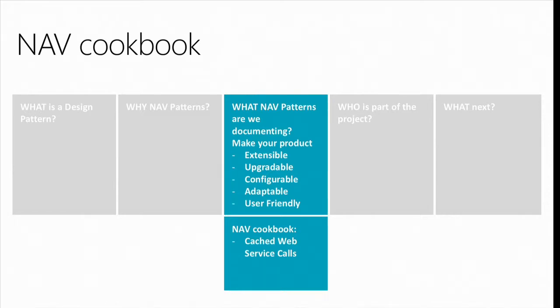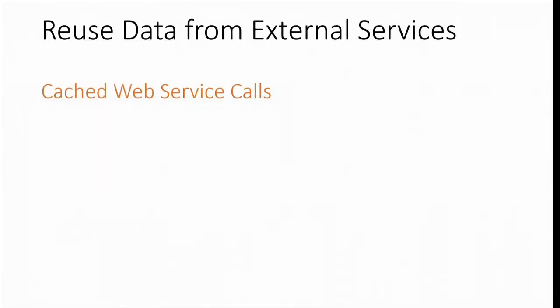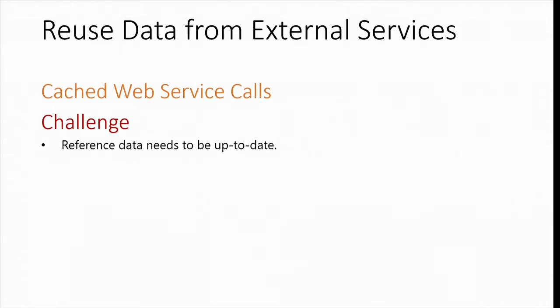So time for recipes. The next one to speak about is web services. Let's imagine we have a web service that will offer us some data. And that data is supposed to be up to date to some extent. So the first choice we have is to continue to be connected to the web service.